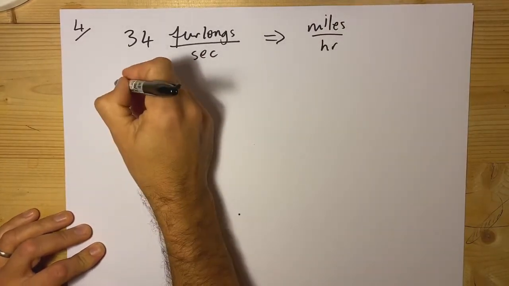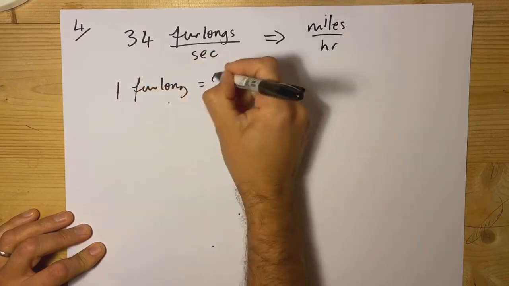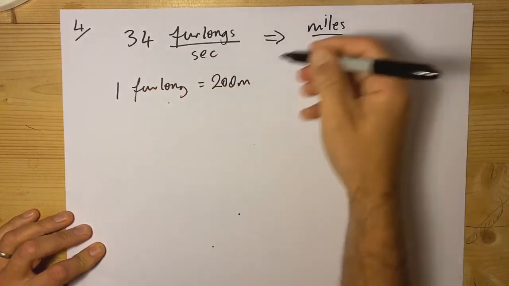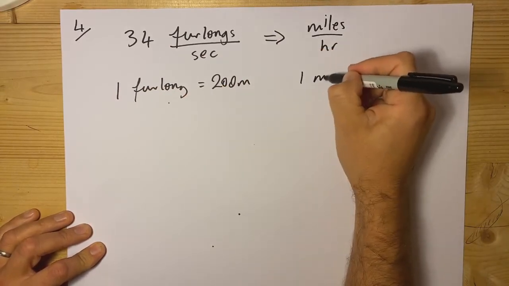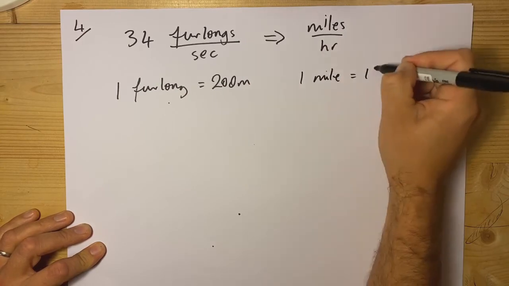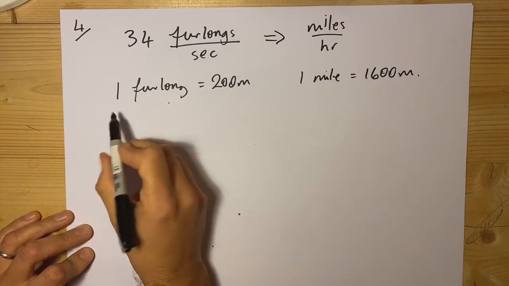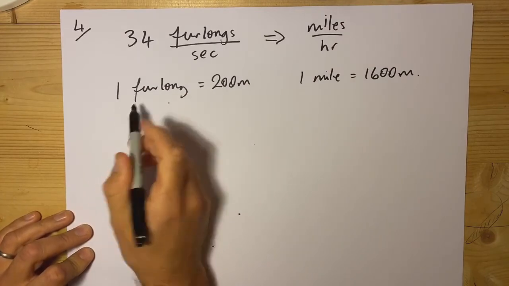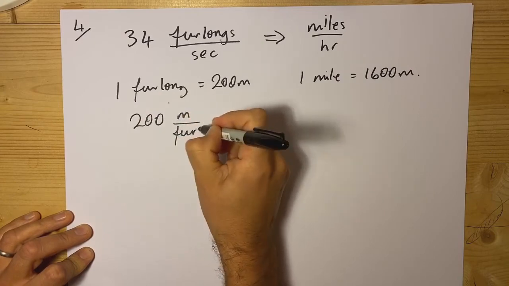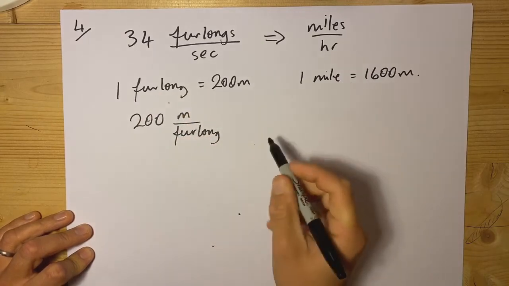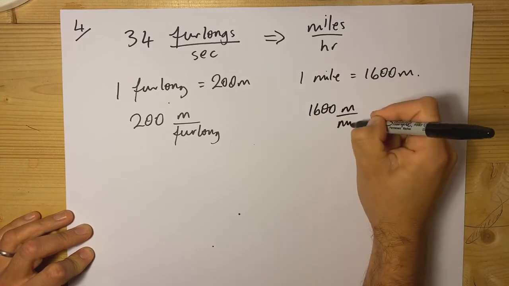Okay, and I tell you that 1 furlong equals 200 meters, and that 1 mile equals 1600 meters. So if we give these unit conversions units, that's saying there are 200 meters per furlong, and here that is 1600 meters per mile.